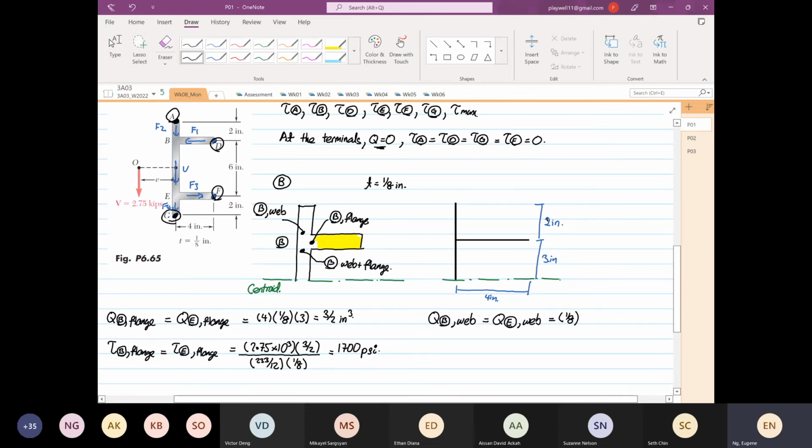When I take the geometry, I use this diagram over here. So I will shade the area of concern, which is this area over here. So width 1/8, the depth is 2, the y bar is 3 plus 2 divided by 2. So this will be equal to 4 times 2 times 1/8, which is equal to 1.